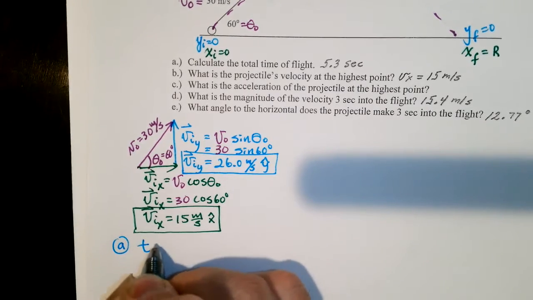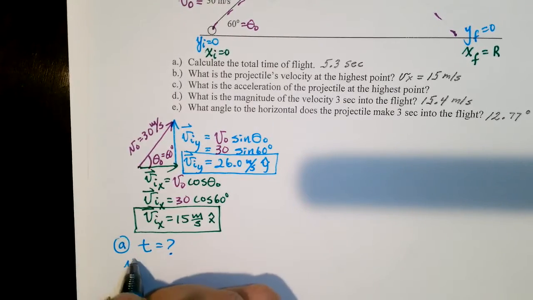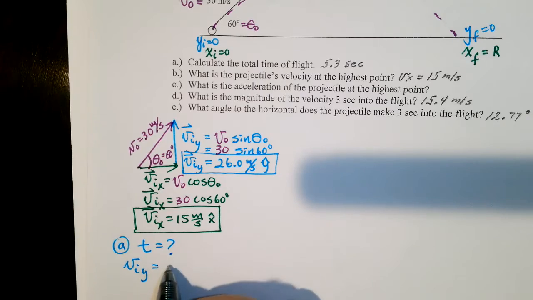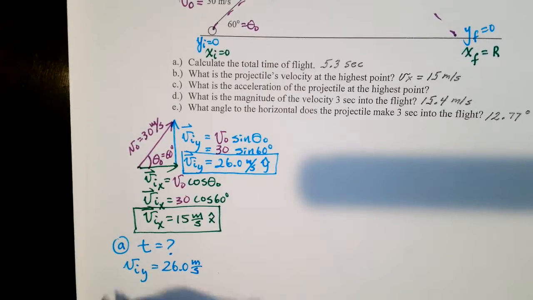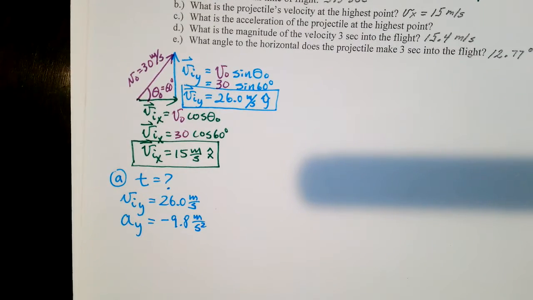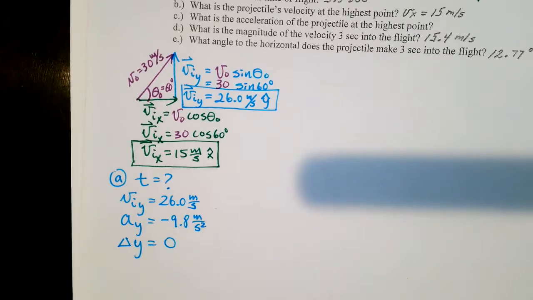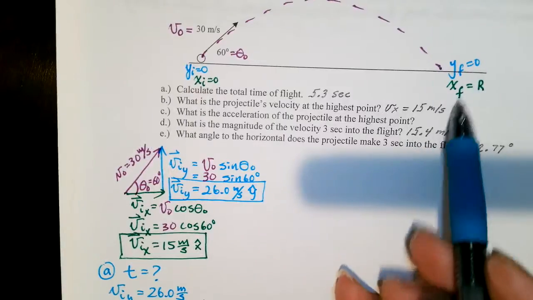So we're looking for time. We know my VIY is equal to 26.0 meters per second. We know a sub y is equal to negative 9.8 meters per second squared. We also know delta y is equal to 0 because it starts at 0 and it finishes at 0.